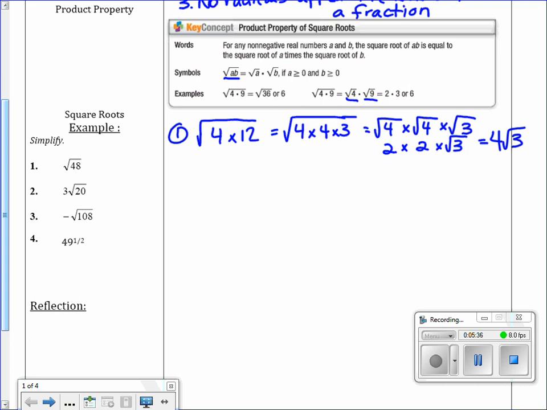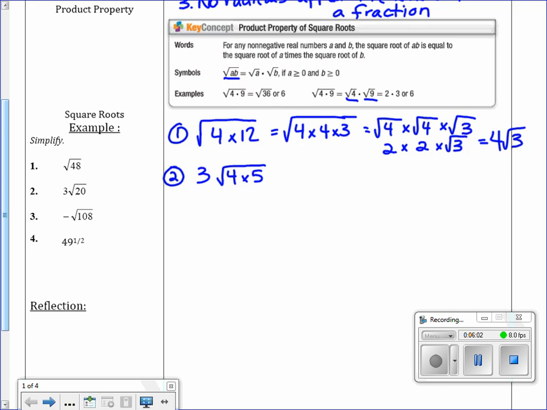3 times the square root of 20. We have it for example number 2. I'll leave that 3. And I'll say the square root of 20 is going to be 4 times 5. Since 5 is a prime number, I can't go any further, and I know 4 is a perfect square.